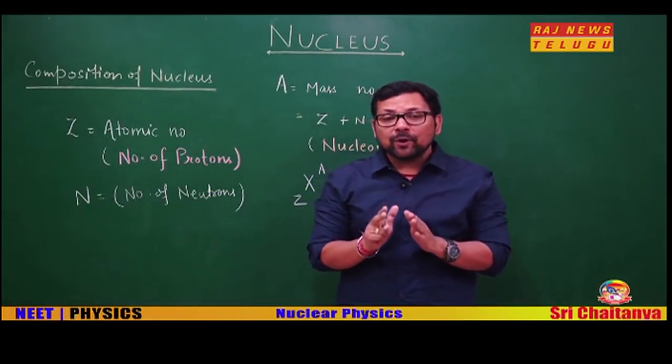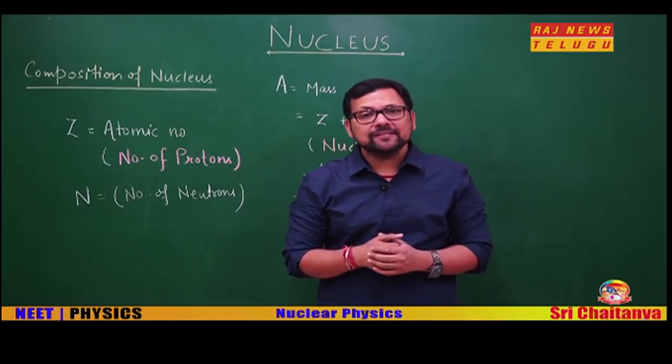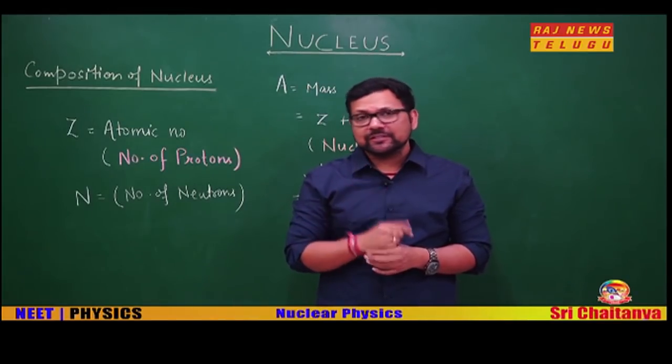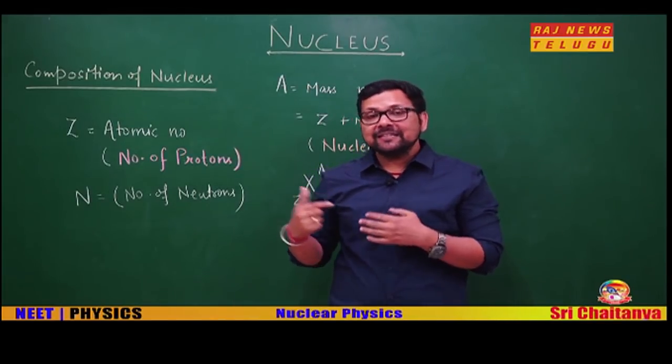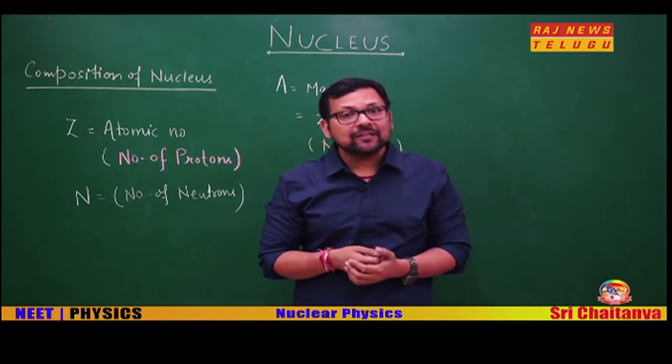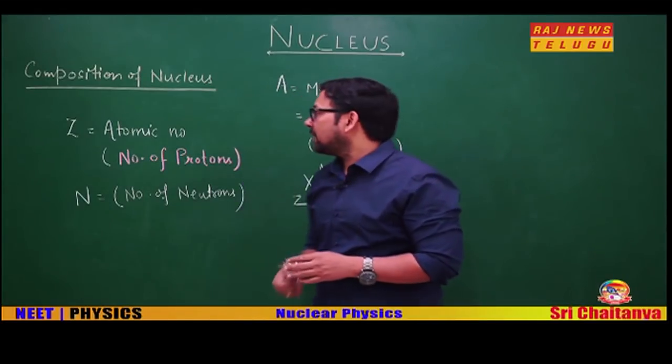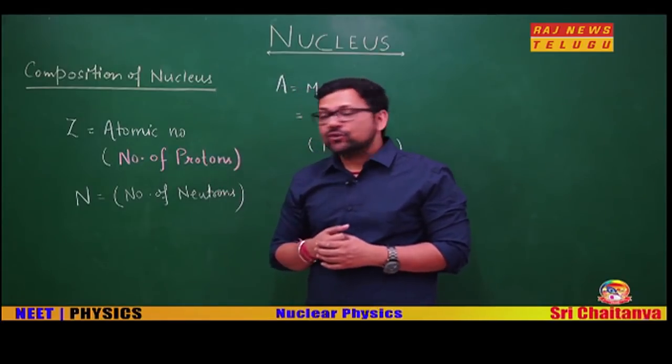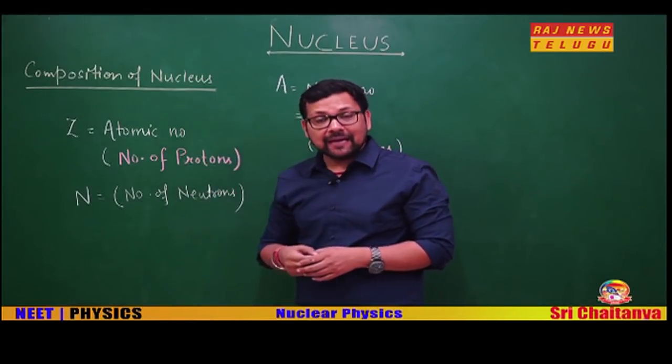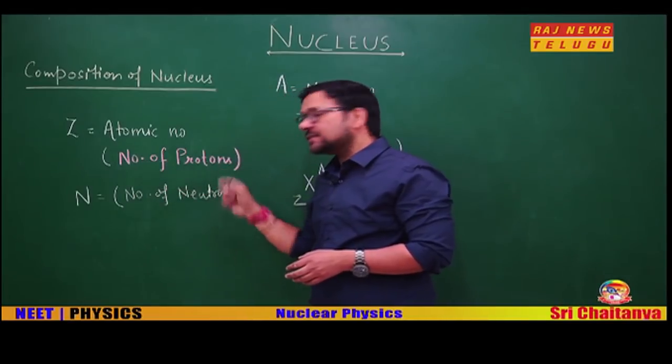Now we know about the constituents of the nucleus, that is, protons are there, neutrons are there. So let's see what the overall composition is and how to denote it. Z is the notation for atomic number, that is, number of protons.